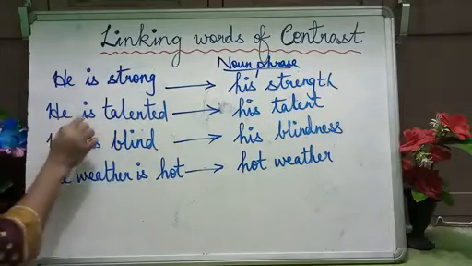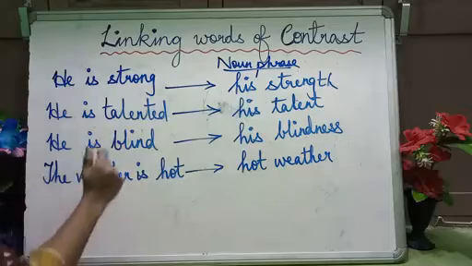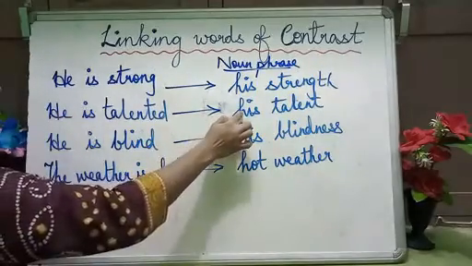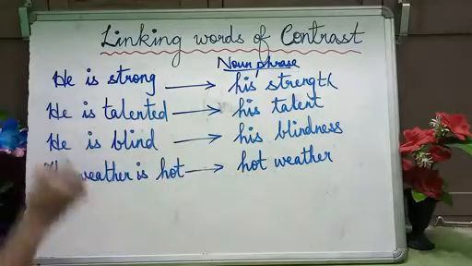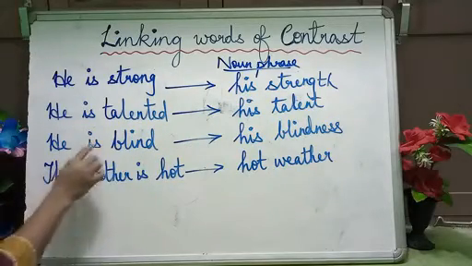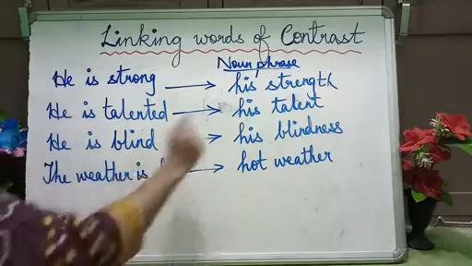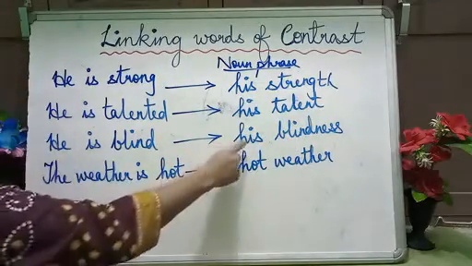Then here, he is talented. Instead of he, you write his. Then talented will change into talent. Similarly here, he is blind. This blind will change into blindness, a noun. Then instead of he, you will write his.